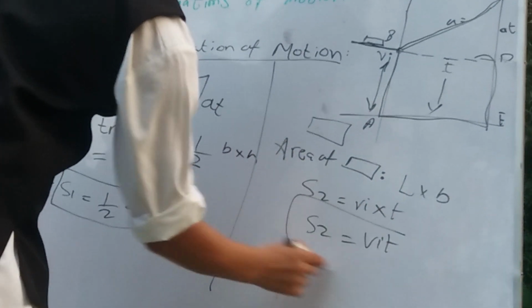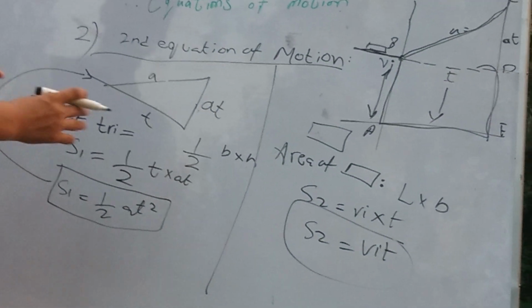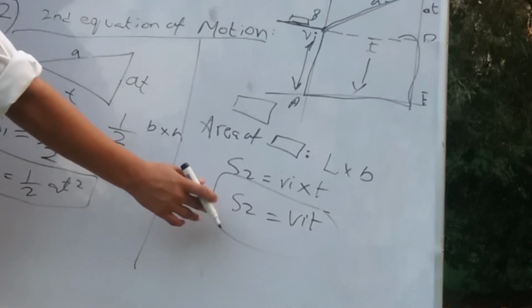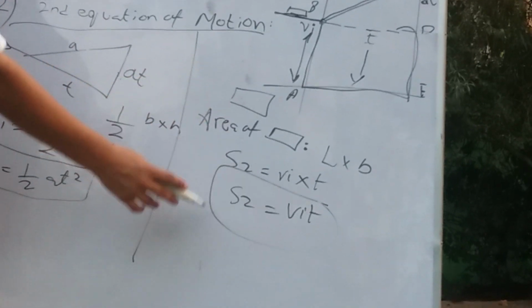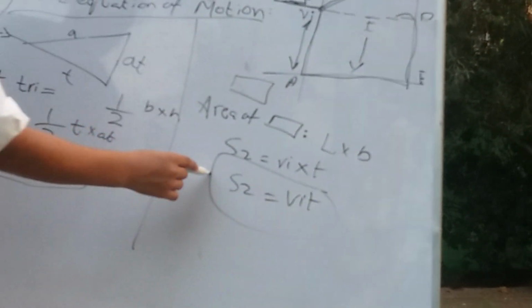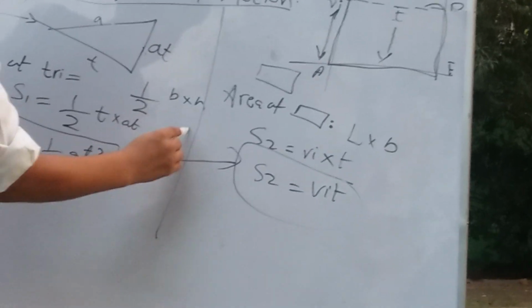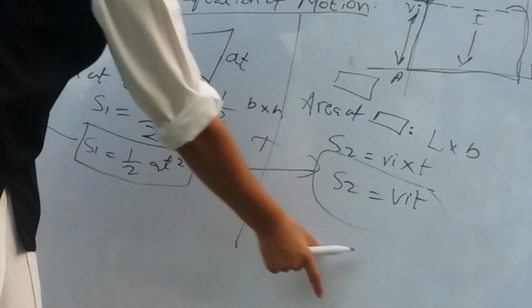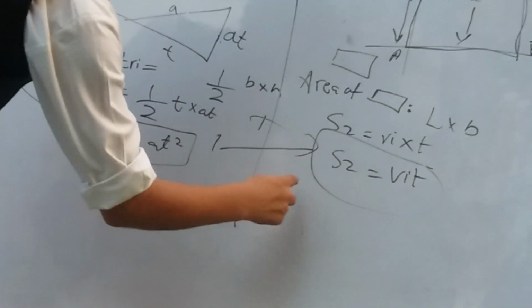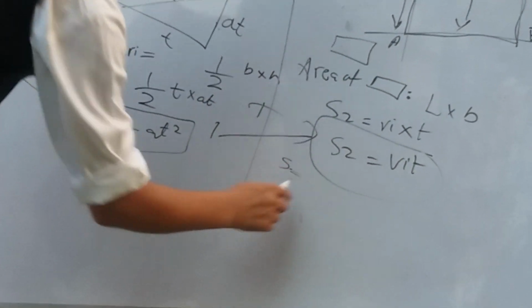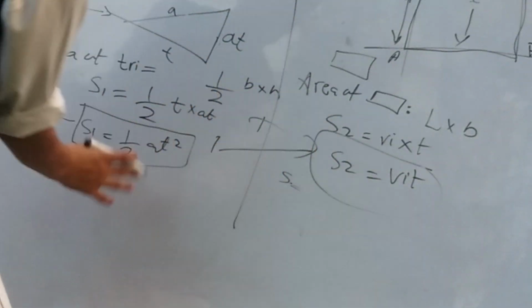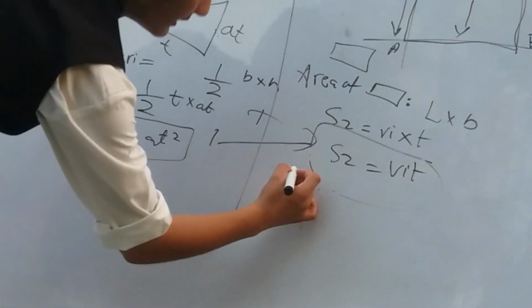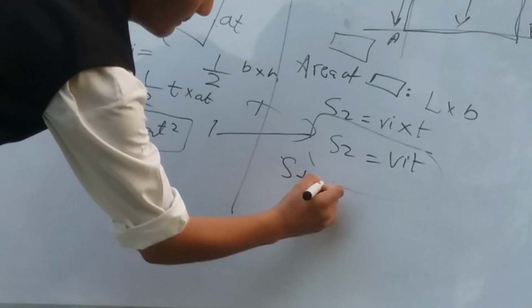This is the area of the rectangle. Now we will add the area of the triangle and the area of the rectangle, S1 plus S2.